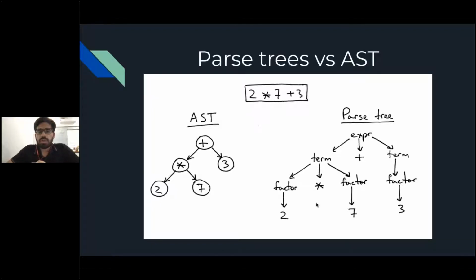Before ASTs get generated, there's something called a parse tree. A parse tree is a more detailed form of AST. It has information even about the white spaces in the code, the comments, the semicolons, all the extra information in the code is in the parse tree, right?